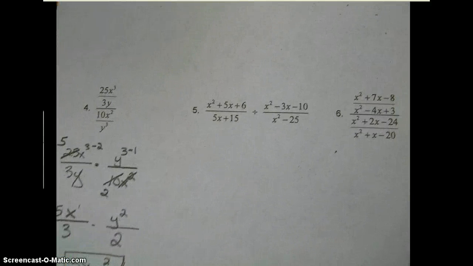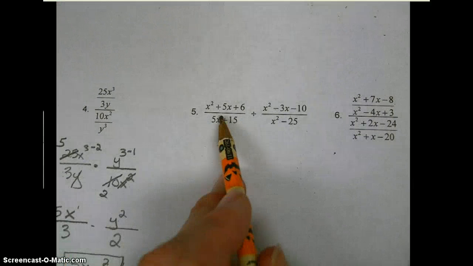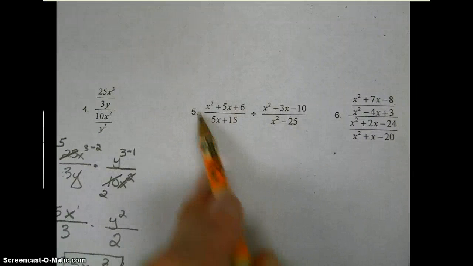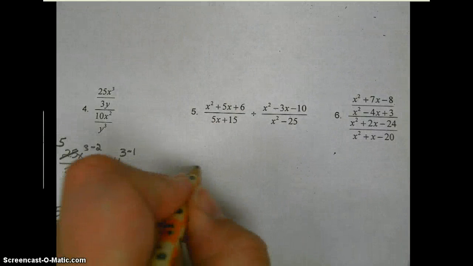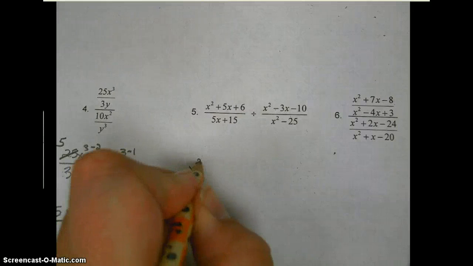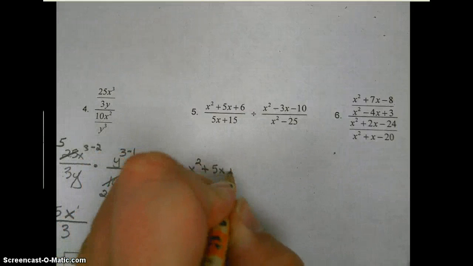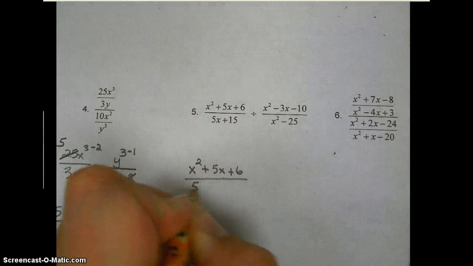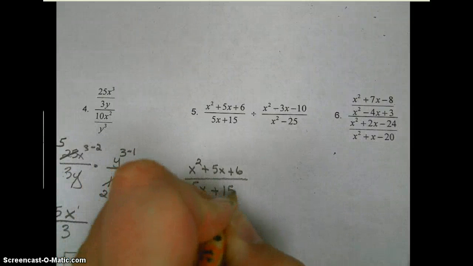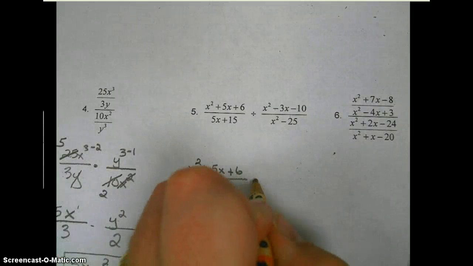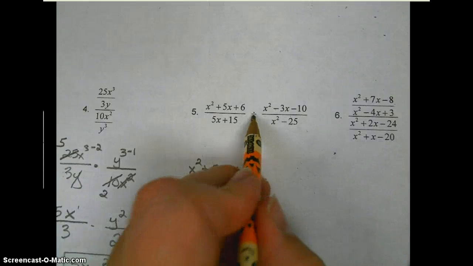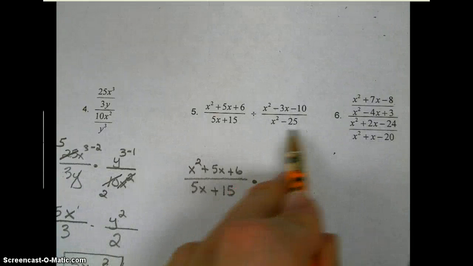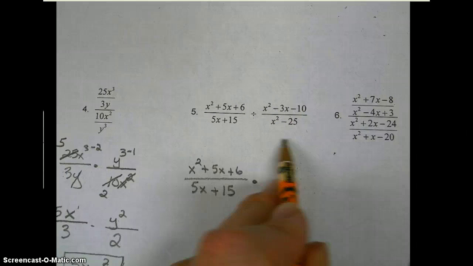Okay, so here we go. First stays the same. Second one, we change division to multiplication, and the divisor flips.